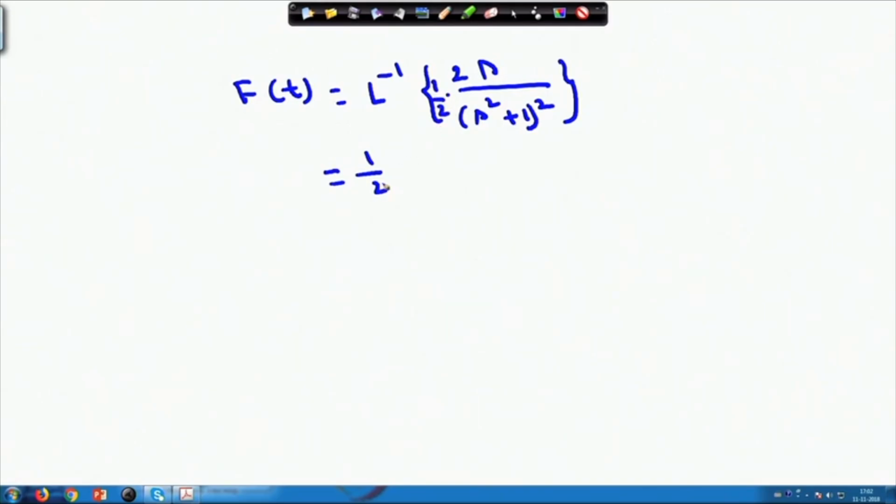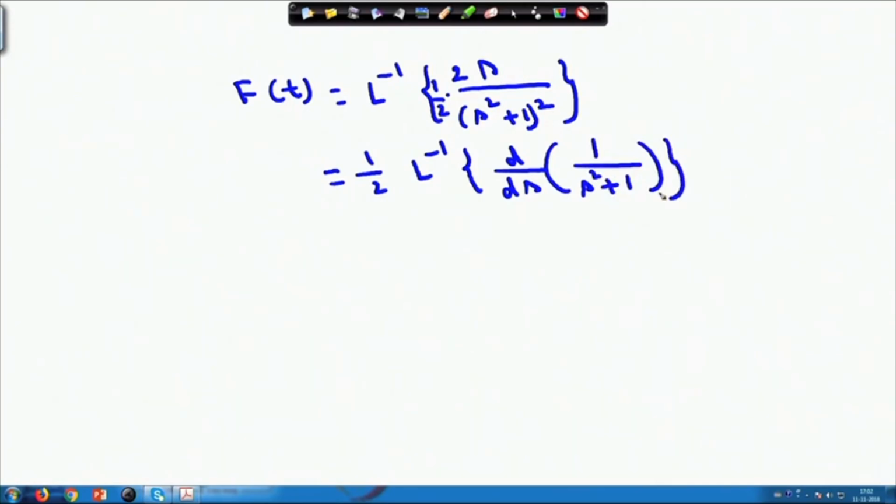So, this half will go out. 2s by (s square plus 1) whole square means, using the theorem, d/ds of 1 by s square plus 1. Using the property of inverse Laplace transform, I can write it as half into L inverse of d/ds of 1 by s square plus 1.